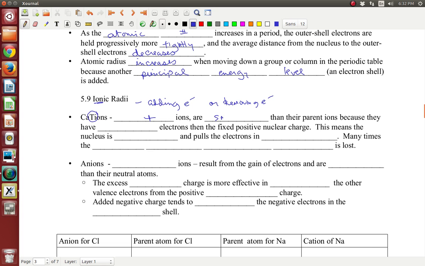They are smaller than the parent ions because they have fewer electrons and the fixed positive nuclear charge. This means that the nucleus is stronger and pulls the electrons in tighter. Many times the outer principal energy level is lost.